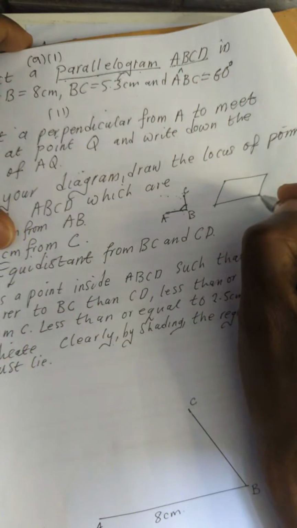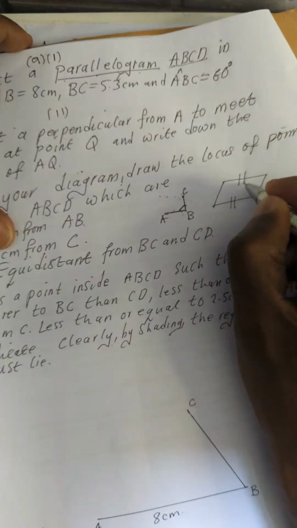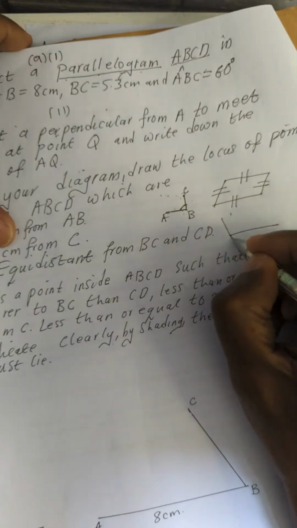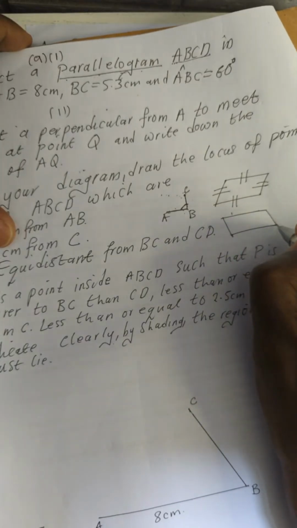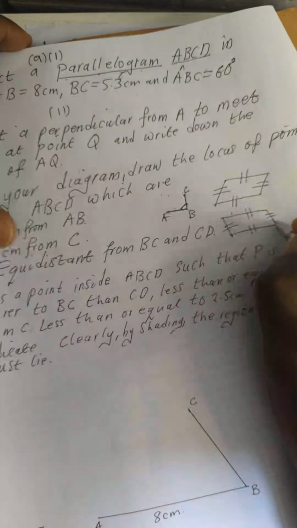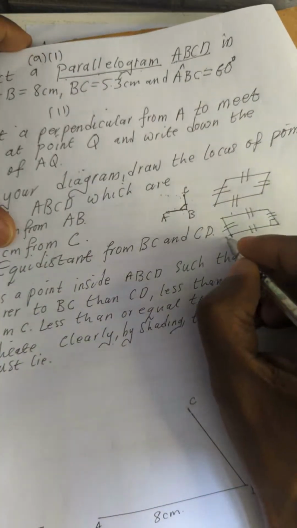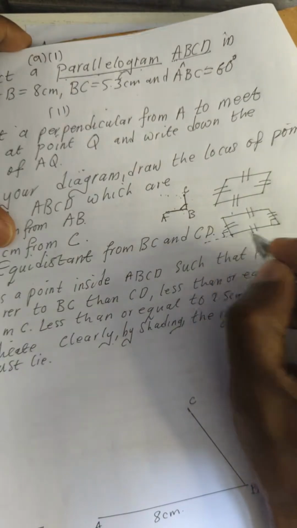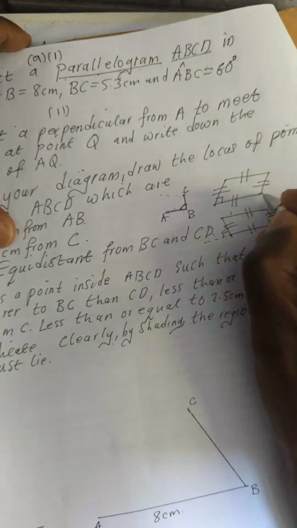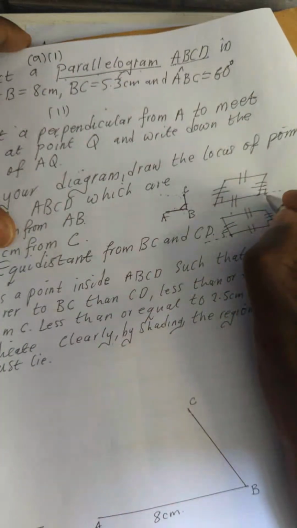This side is parallel to this and this side is parallel to this, or sometimes it can be like this. This side is parallel to this side, which is parallel to this. So even the angles, this angle, if you extend this line, is equal to this angle. And even this angle, if you extend this line, is equal to this angle.